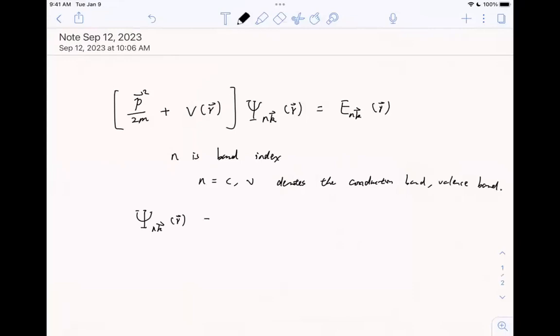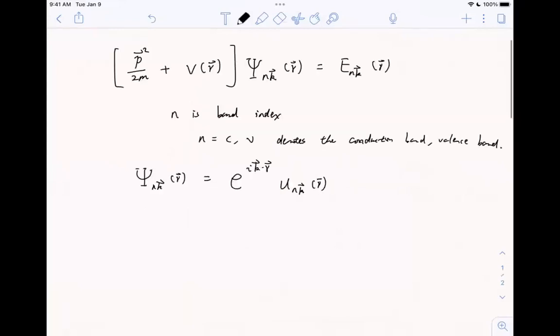So you know that this has a form like this. This is the Bloch state, including the plane wave. You learned this in solid state physics.